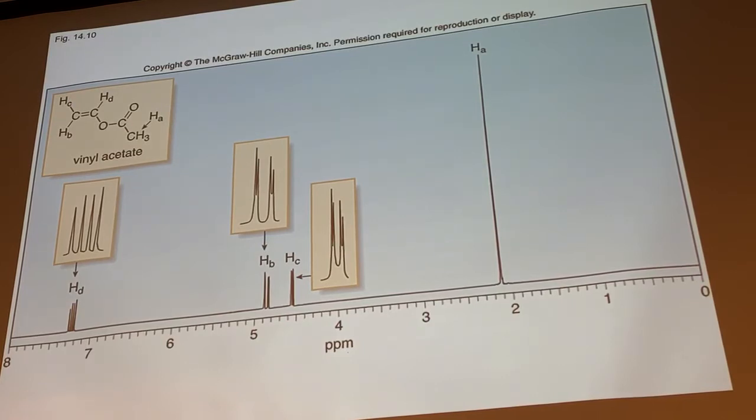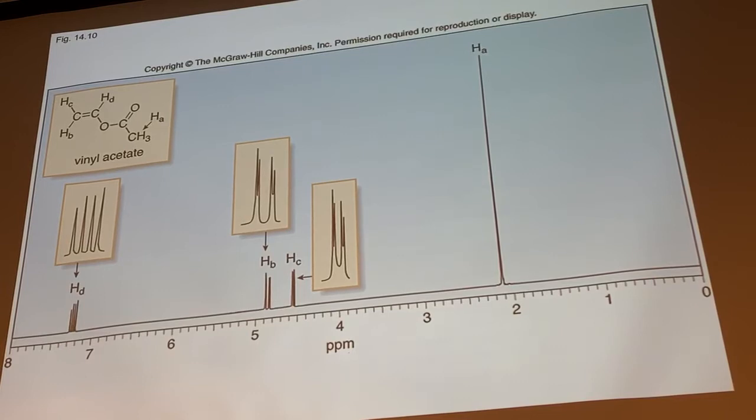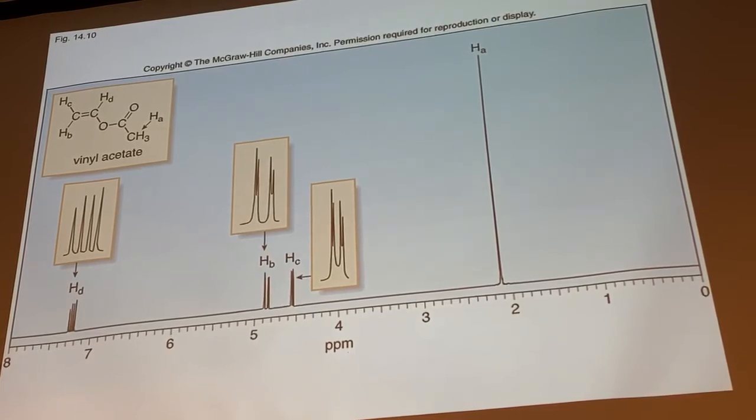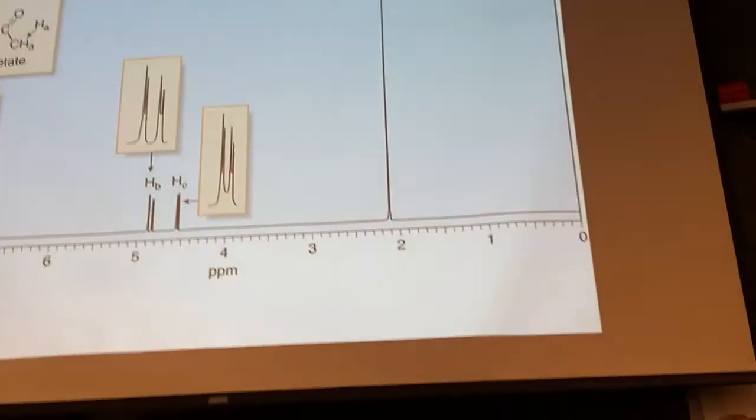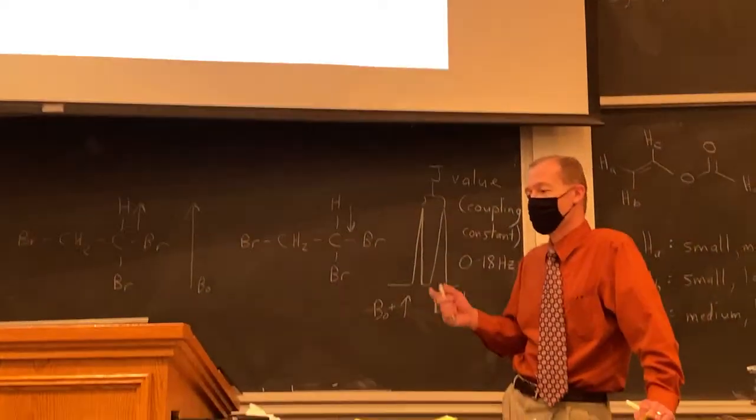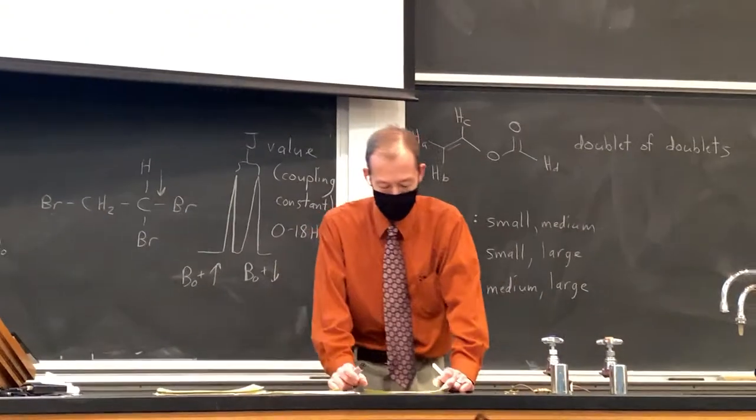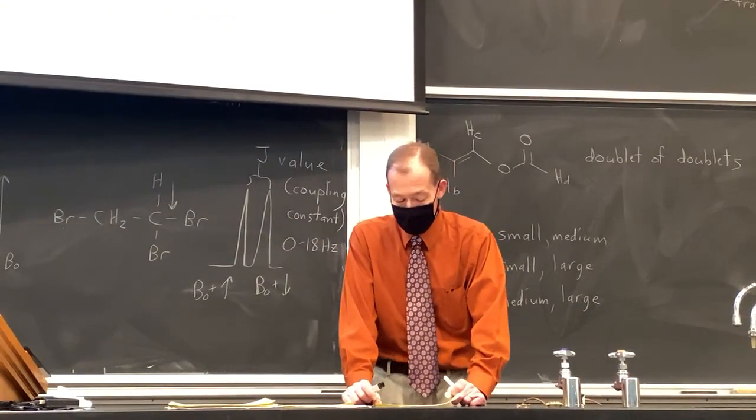So as we would expect, we have a significantly different chemical shift for HD, whereas B and C are fairly close to each other. Okay? So this is an example of how splitting data, J values, differences in J values can help us assign peaks in an NMR. Okay? Very, very useful for us.